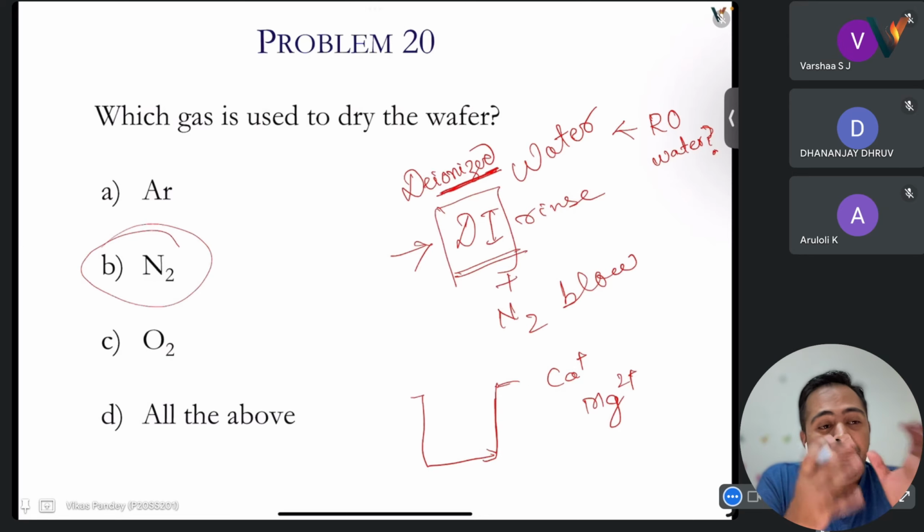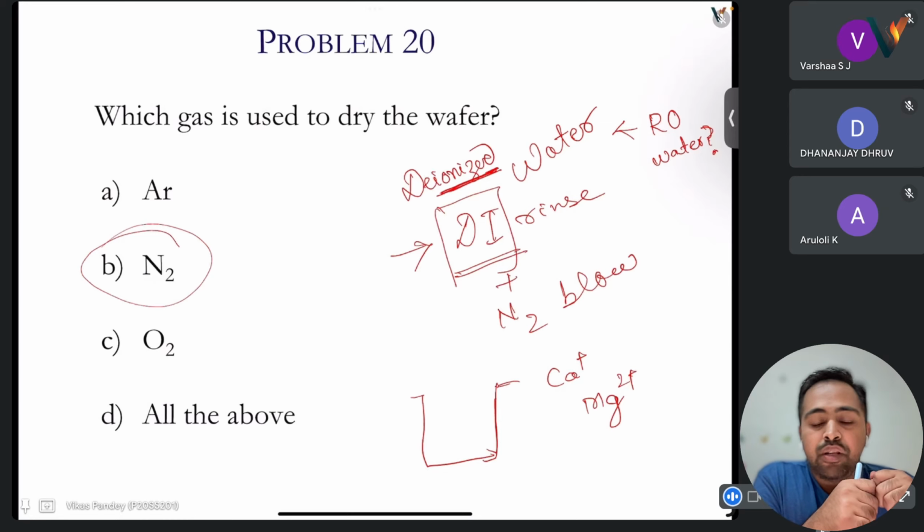But whenever we are talking about these processes, actually we should have no ions because these ions will adhere to the metal or whatever structure is there, and they can create some effect. Since they are ions, they can increase or decrease the conductivity of the surface of our structure, our wafer. That is why we need to remove them.